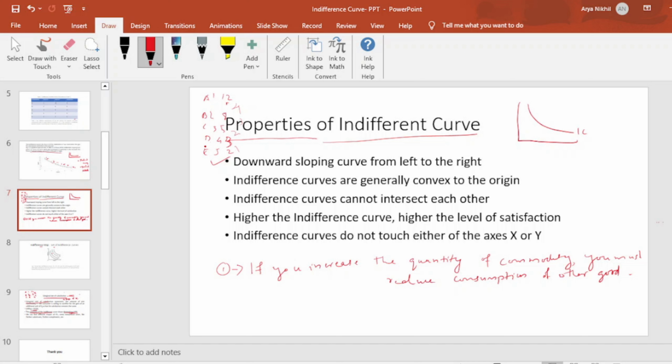So if you increase the quantity of one commodity, here X, you must reduce the quantity of the other to maintain the same level of satisfaction.